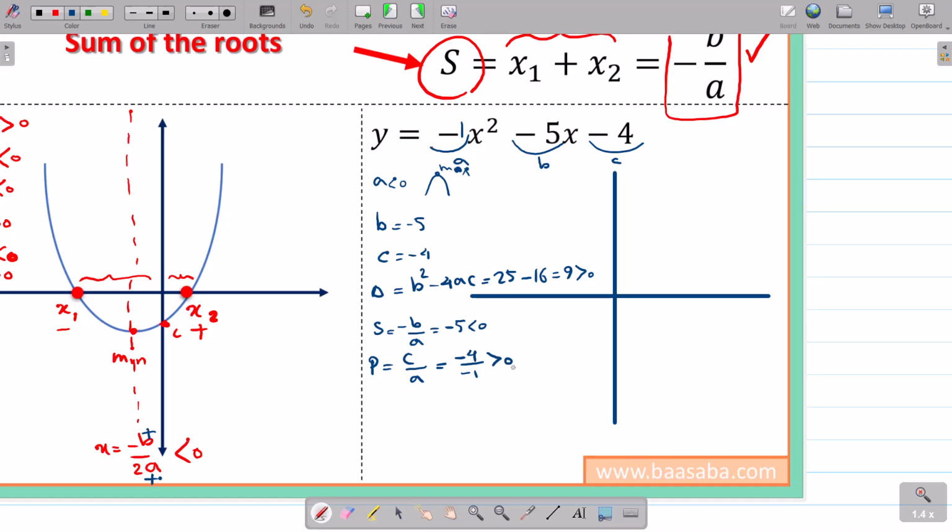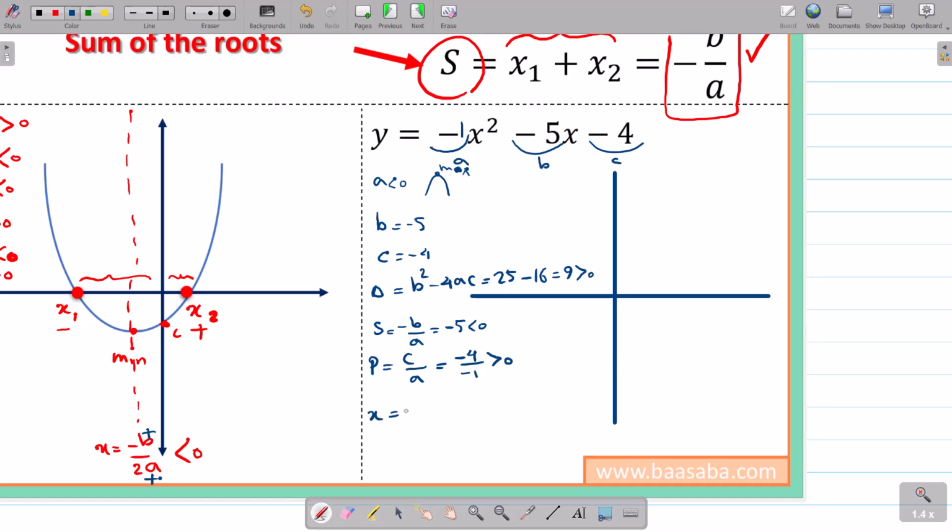Because P is greater than 0, it means that our zeros should have the same sign. Both of them should be positive or both of them should be negative. But the sum of them is negative, so both of our roots should be negative. They're both here on the negative side of the x-axis.